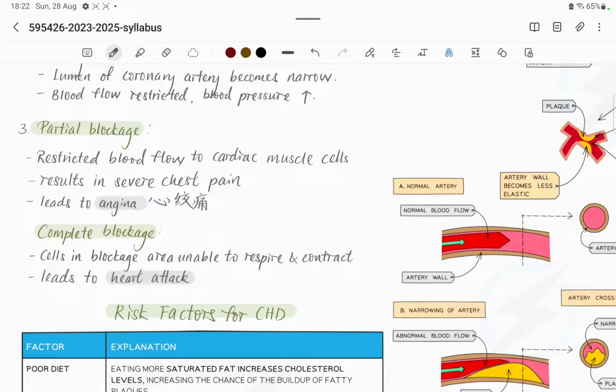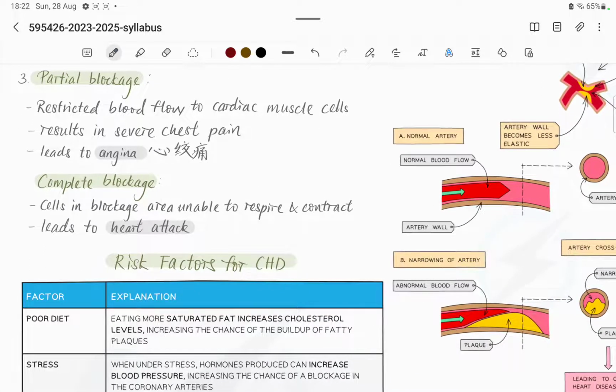This severe chest pain is actually angina. Angina in Chinese we call it 心绞痛.